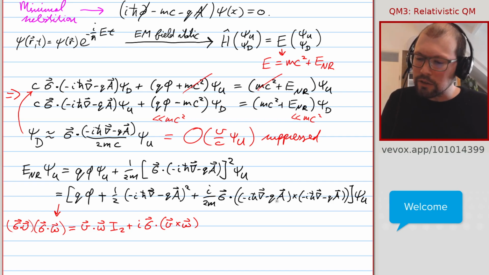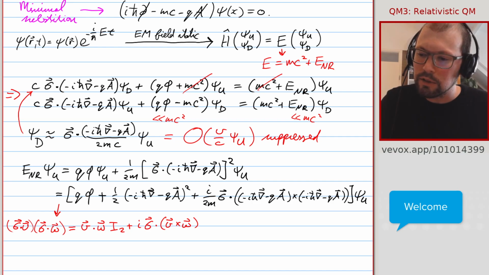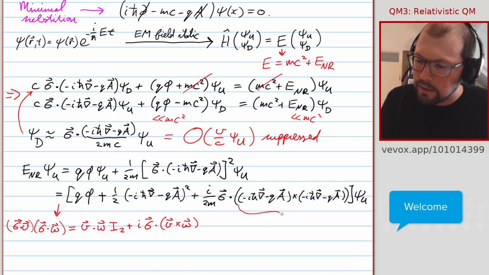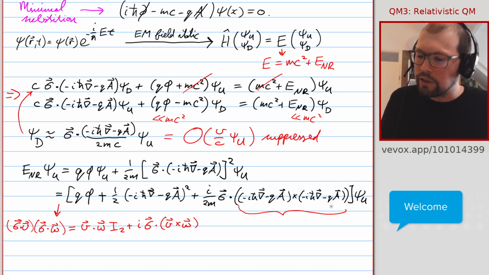Now, if these were just vectors, of course, the cross product of the vector with itself would vanish. But these are actually operators, and they do not commute with each other, because I have a derivative here, and here is a function, so I cannot pull this function through the derivative without getting something non-trivial. And indeed, if you just expand out this product, the only non-vanishing contribution is this derivative acting on the vector potential.